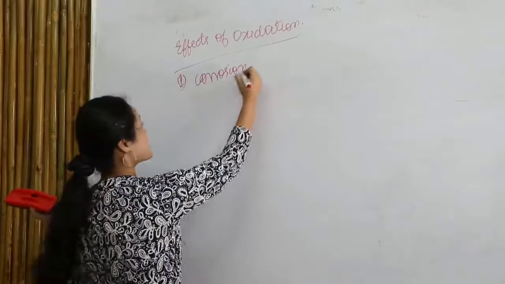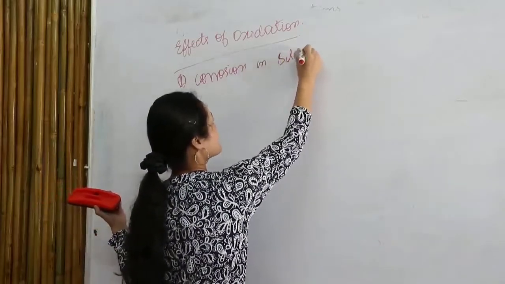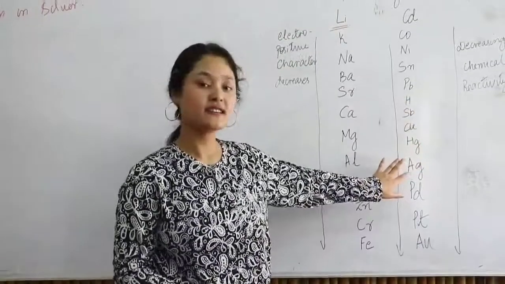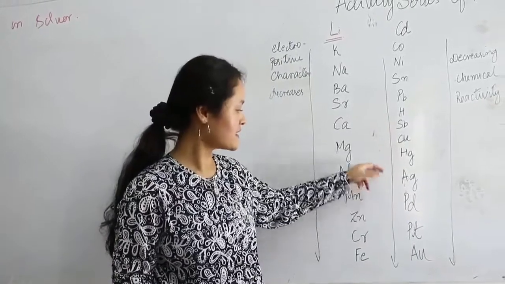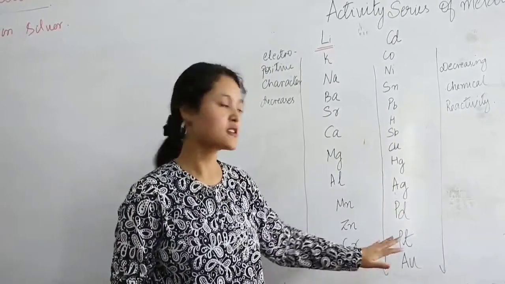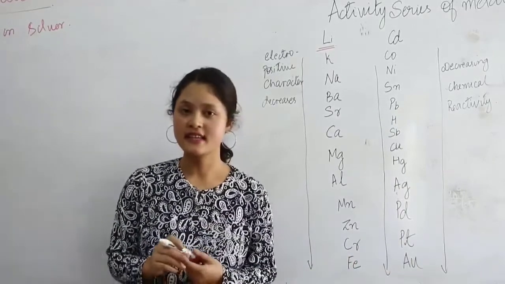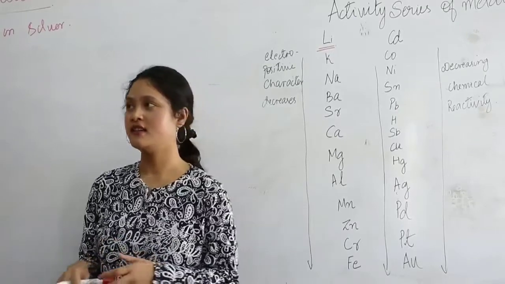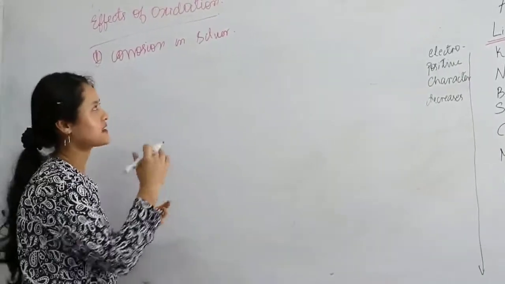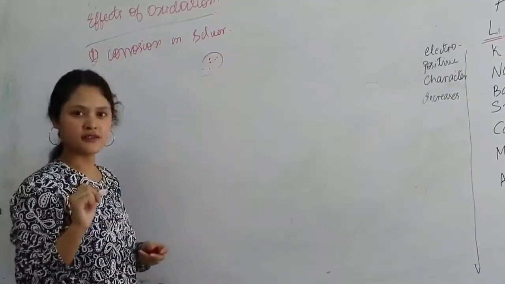Corrosion also takes place in silver. We see where silver is in this activity series. It is placed quite below in the activity series, so it is quite less reactive. But still, if you leave silver for quite a long time, a dark color forms on the surface of silver.